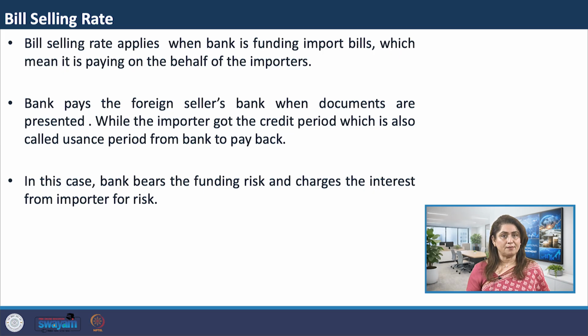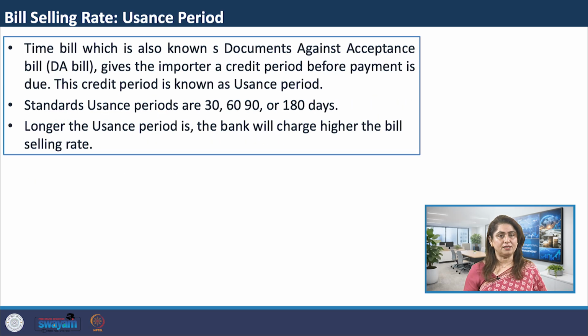The extra time the bank funds the transaction, the more interest it charges the importer. So the logic is extra risk is equal to extra interest charged, and that gets added to the TT selling rate to arrive at the bill selling rate. What is the usance period?